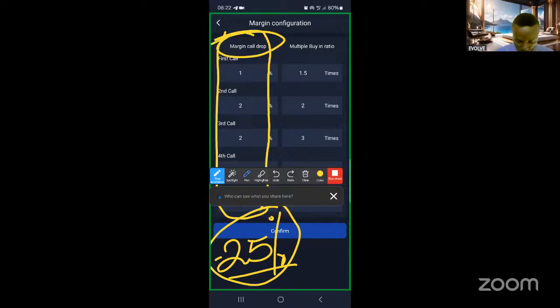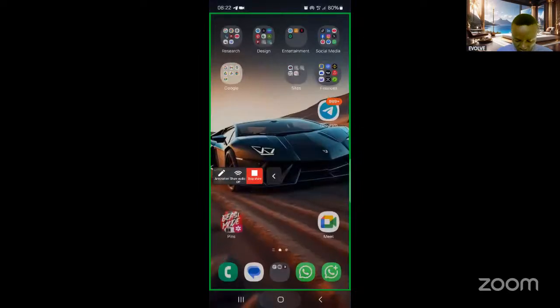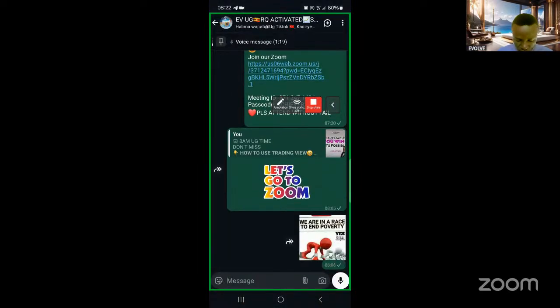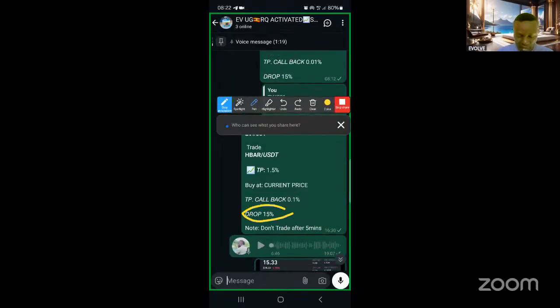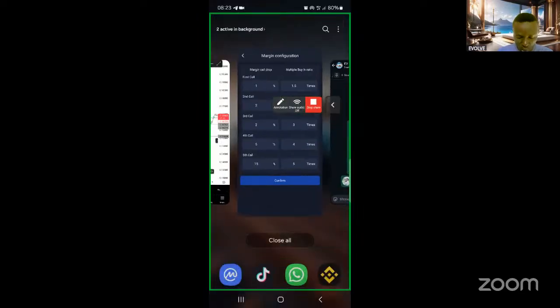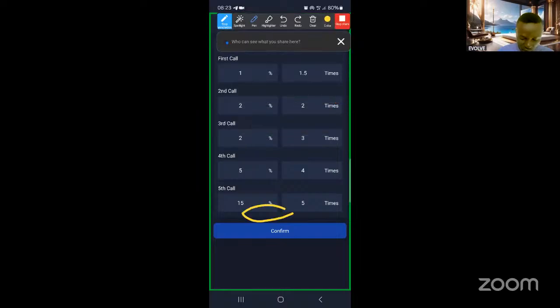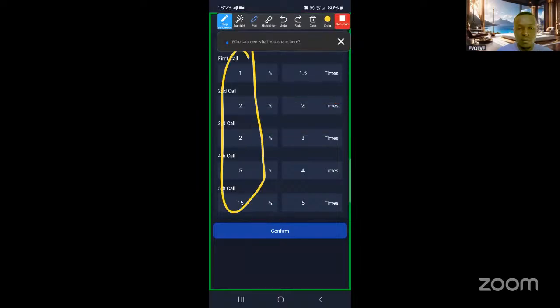We see the margin call drop in signals. For example, the margin call drop can be provided in a signal like this one. You just put it in and distribute it across your positions. Do you copy? Give me a yes if you copy.